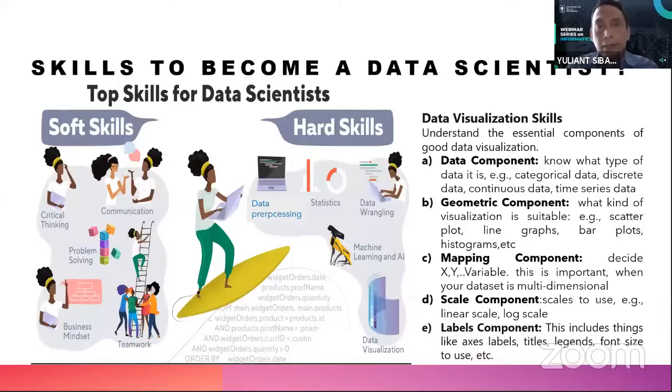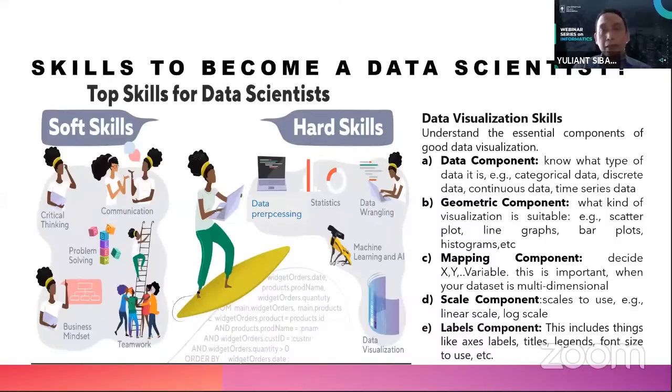The next is data visualization skill. We have to understand the essential components for good data visualization. This includes an understanding of data component, geometric component, mapping component, scale component, and label component.